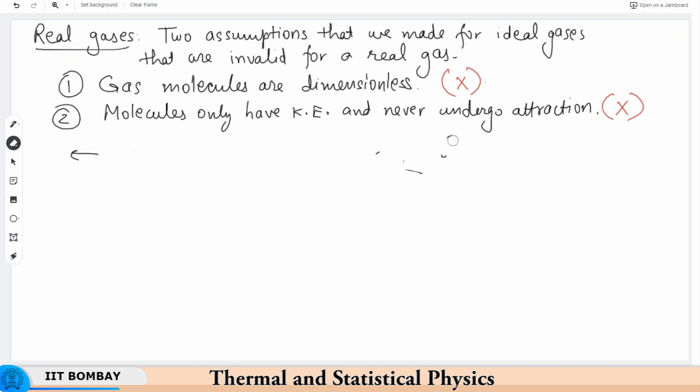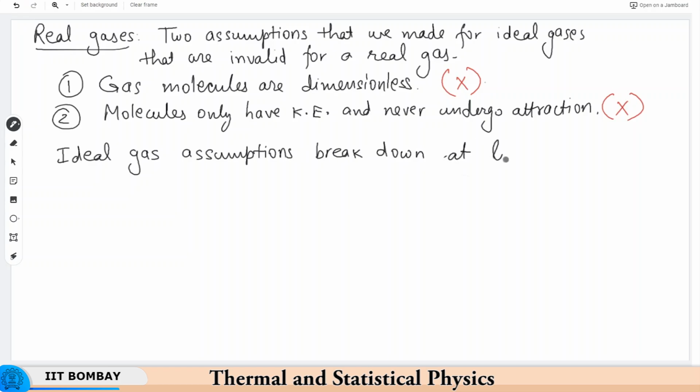Okay, so what I'm saying is that a gas would behave ideally, but these assumptions break down at either low temperatures, low T, or high density or pressure, right?